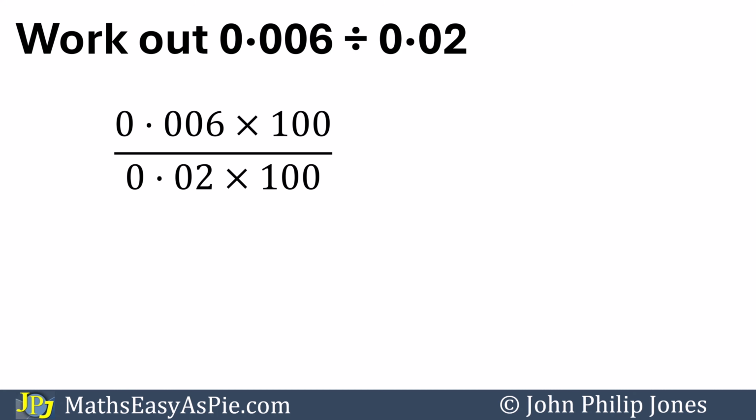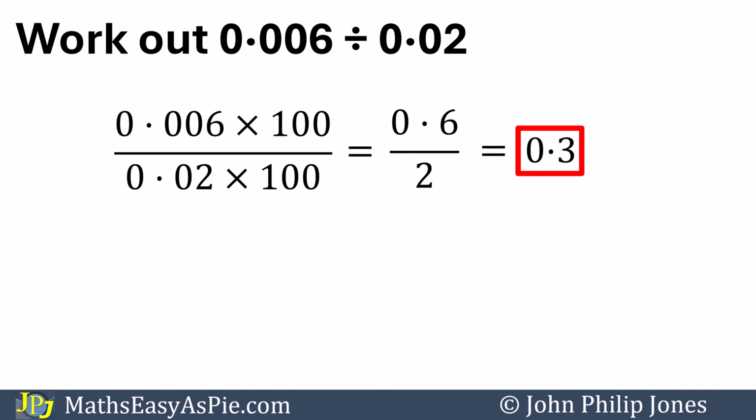We then need to consider how the decimal points move. And when we do that, we can see we have 0.6 divided by 2. This has moved the point from here to here, and consequently this is 0.6. This 100 has moved this decimal point to here. Consequently, you can see we end up with 2. And 0.6 divided by 2, we know is 0.3.